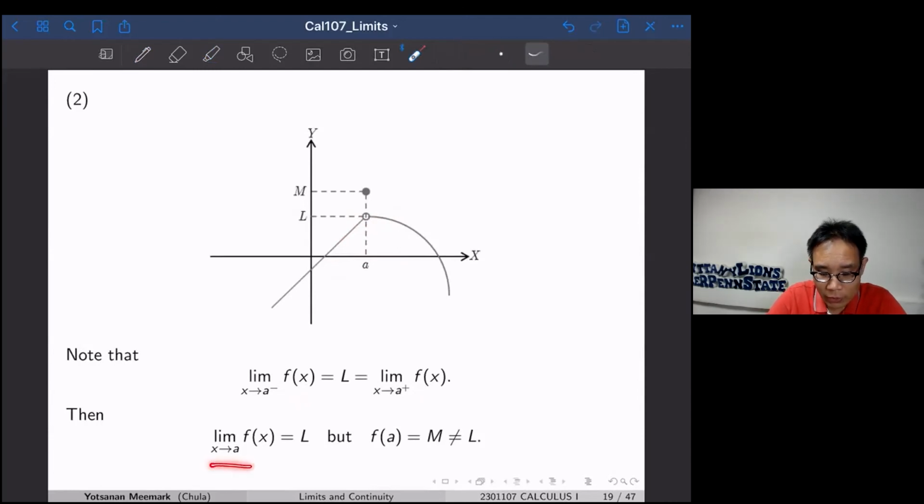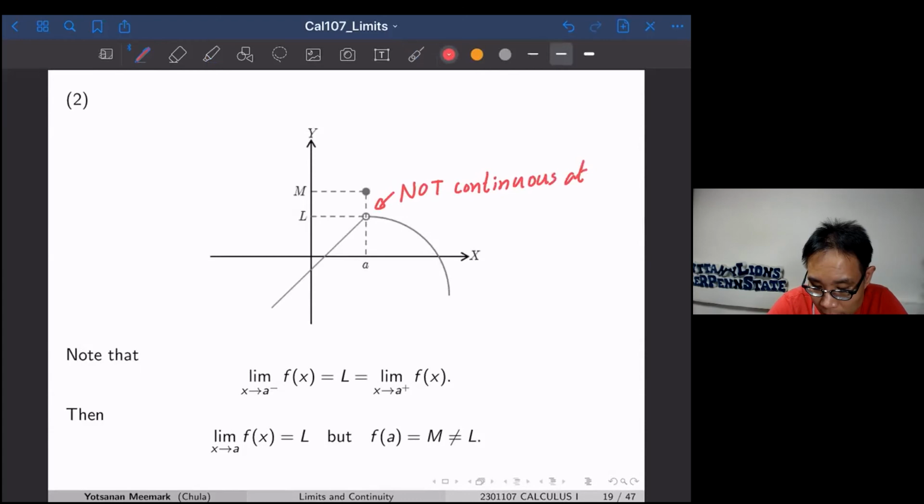So the limit as x goes to a of f(x) can be concluded to equal L, but the function is not equal to L at a; the function equals m, not equal to L, at a. So in this case, this one is not continuous at x equal to a.